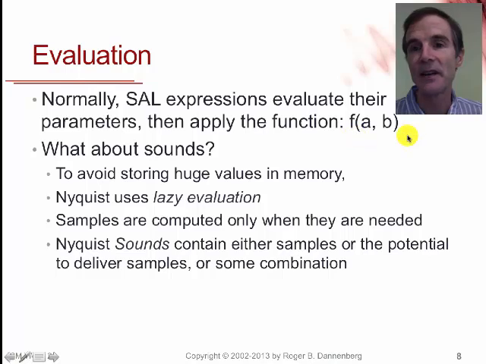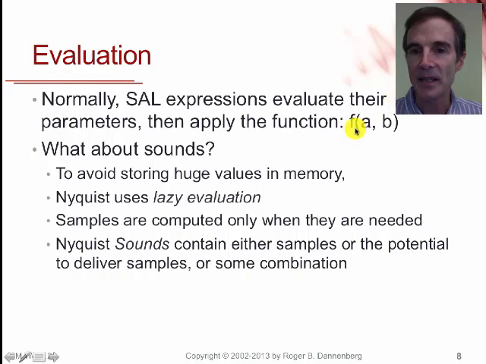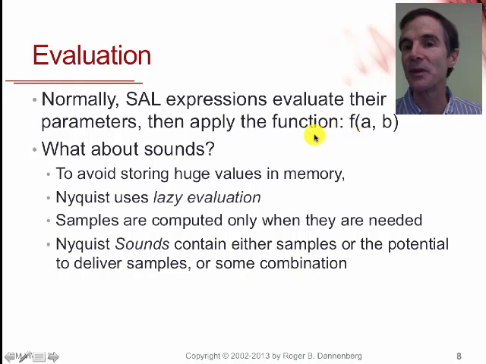So just going back to this f of A B, if A was a Nyquist sound and B was a Nyquist sound, they could be very small representations of things to be computed in the future. And they can actually be passed into a unit generator F. Unit generators have the ability to hang on to these future values, these to-be-evaluated sounds, and only when we actually play F or we demand samples from F does F go in and ask A for samples, ask B for samples, use those samples to compute some output and deliver it.